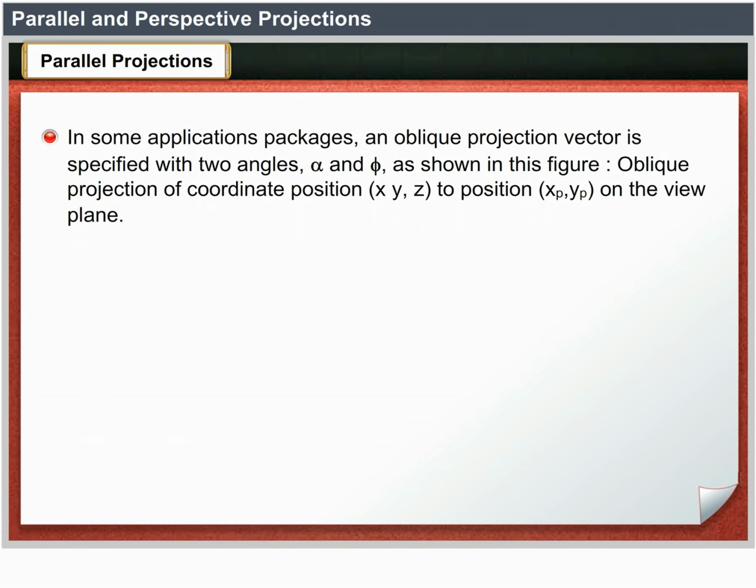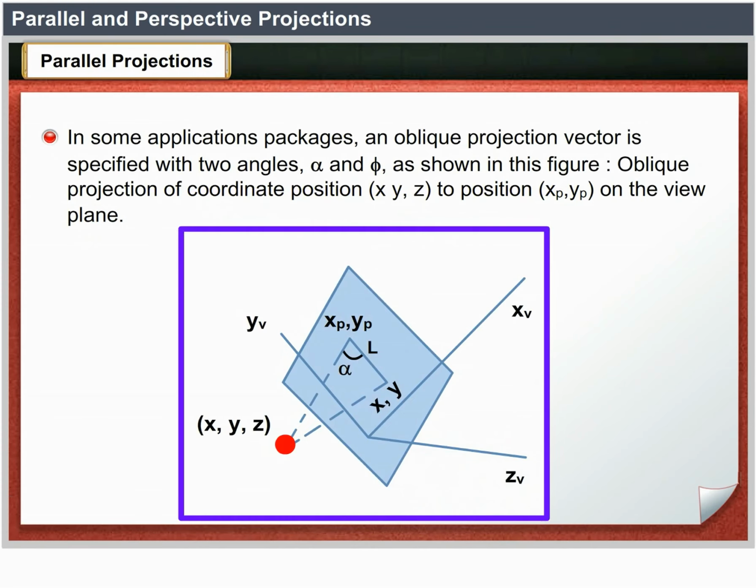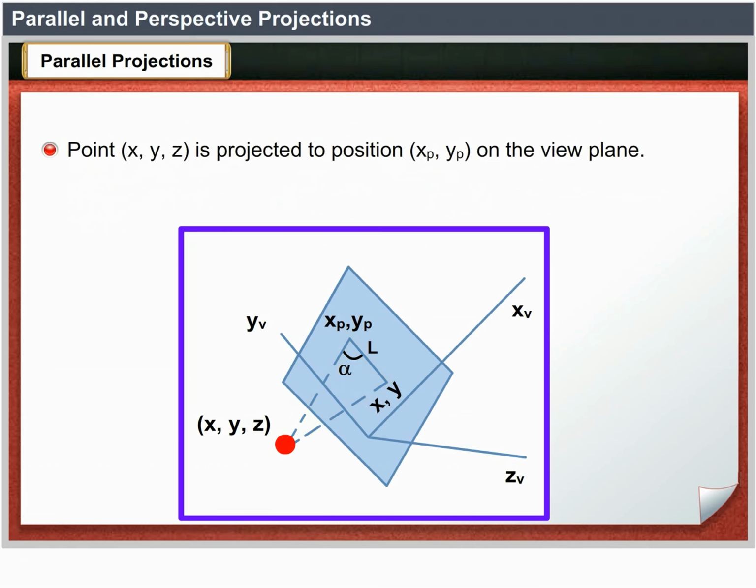In some application packages, an oblique projection vector is specified with 2 angles, alpha and phi, as shown in this figure. Oblique projection of coordinate position x, y, z to position xp, yp on the view plane. Point x, y, z is projected to position xp, yp on the view plane.